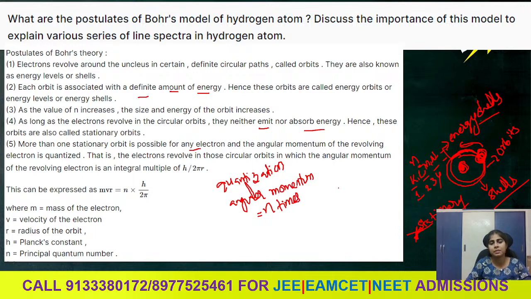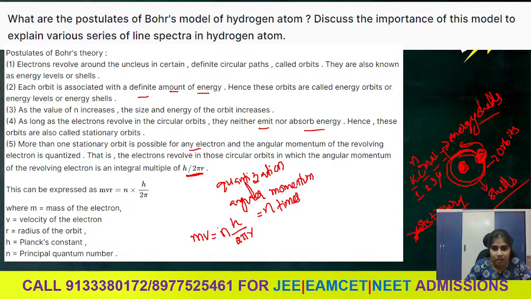Quantization means multiplied by n times. So what is it multiplied with? It is quantized with the integral multiple of h by 2 pi r. It means the angular momentum, which is mv, is quantized. It means multiplied n times of h by 2 pi r.